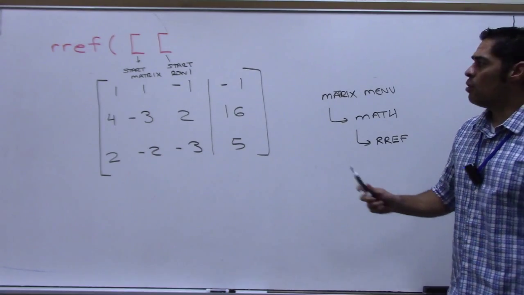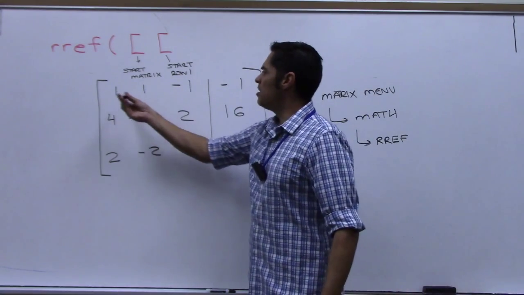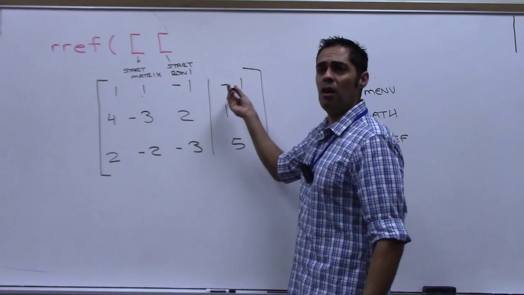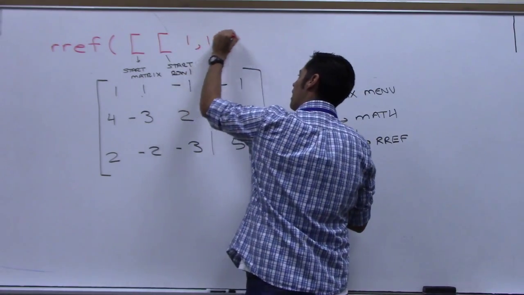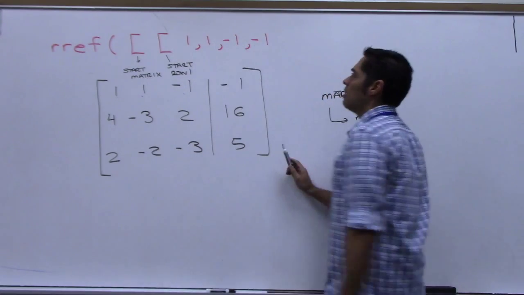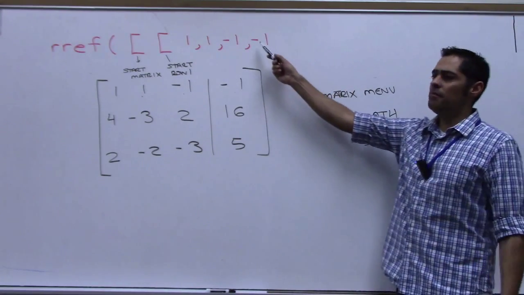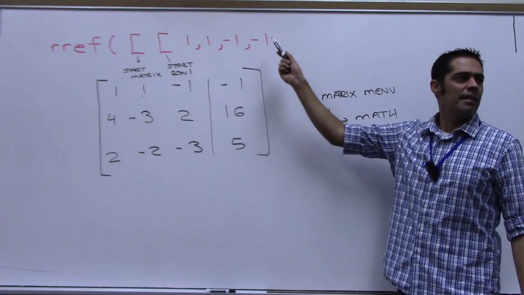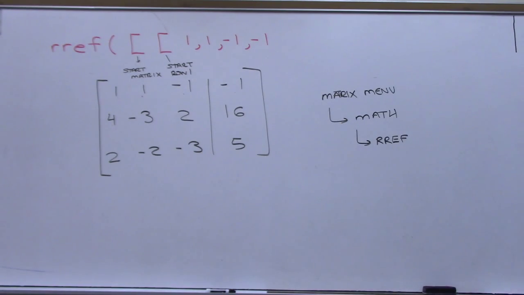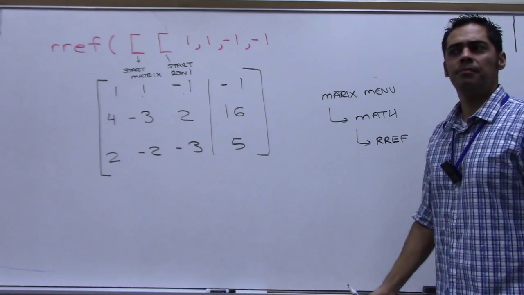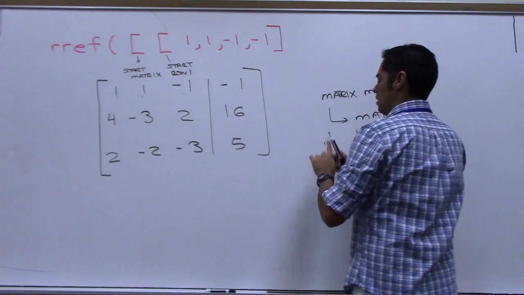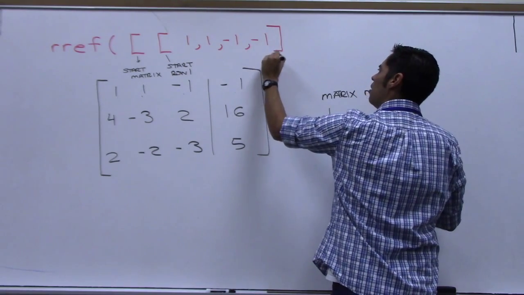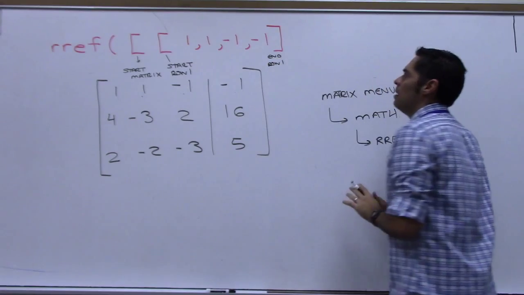And now you're going to type in these numbers straight across, all the way across with commas between them. 1, comma 1, comma negative 1, comma negative 1. And make sure you're using the negative key, not the minus key, since some of you have negative keys versus minus keys. What do you think now? Close bracket. What does your calculator interpret that as? End row 1, right?